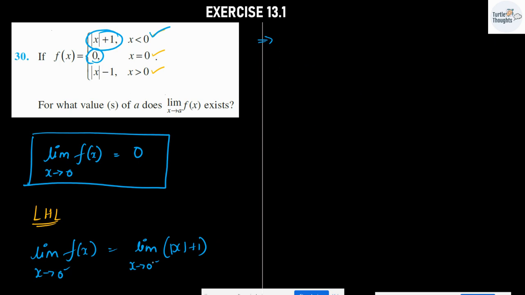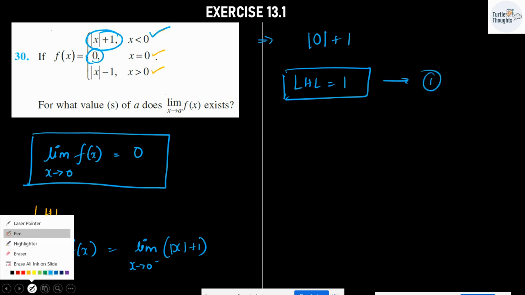I just need to substitute the value of 0 in place of x. I will be getting mod 0 plus 1, which is 0 plus 1. I can write LHL is going to be equal to 1. You can take this as equation number 1.